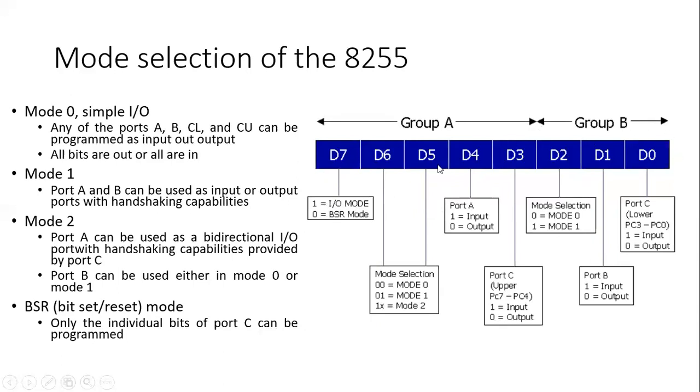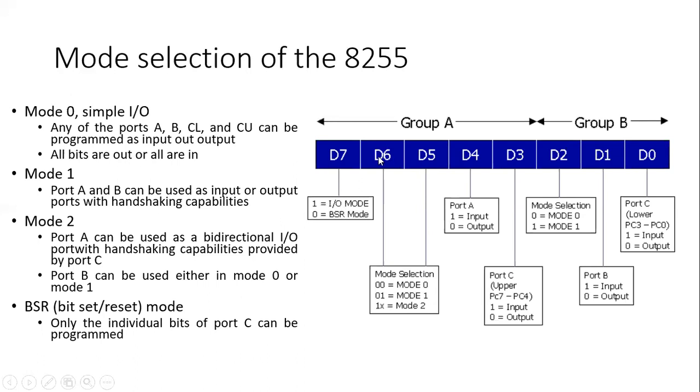Now if you look at it, when you want to use the in-out mode, the D7 bit will be set to high. We are not going to discuss the BSR mode here; we are confining ourselves only to the in-out mode. So D7 will be set to high.